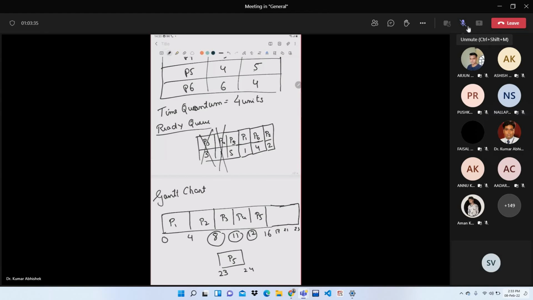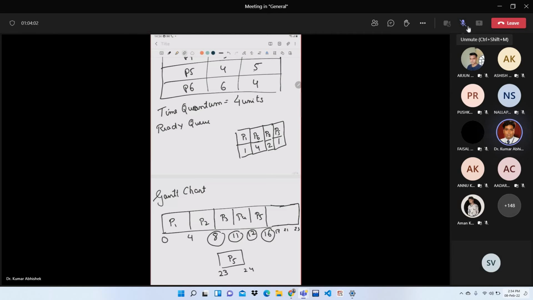Yes or no? So what is our queue position? This is our queue position. Now at time 16, what will the queue look like? At time 16, the queue will look like this. P5 is 1 and this goes off.